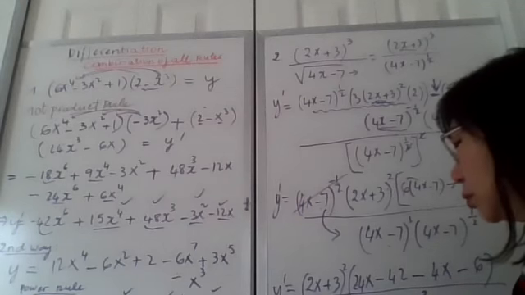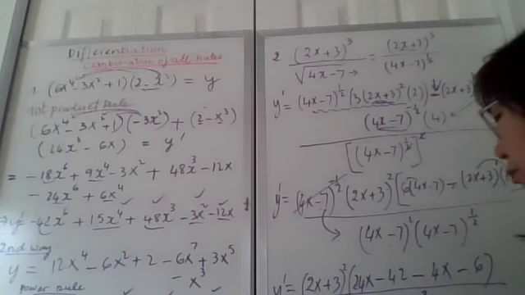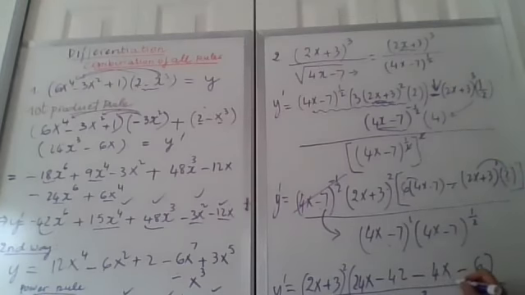So now, let's simplify one more. We have 2x plus 3 to the power square, times with inside, we have 24x minus 4x is 20x. So that's gone, that's gone. Minus 42 minus 6 is minus 48.